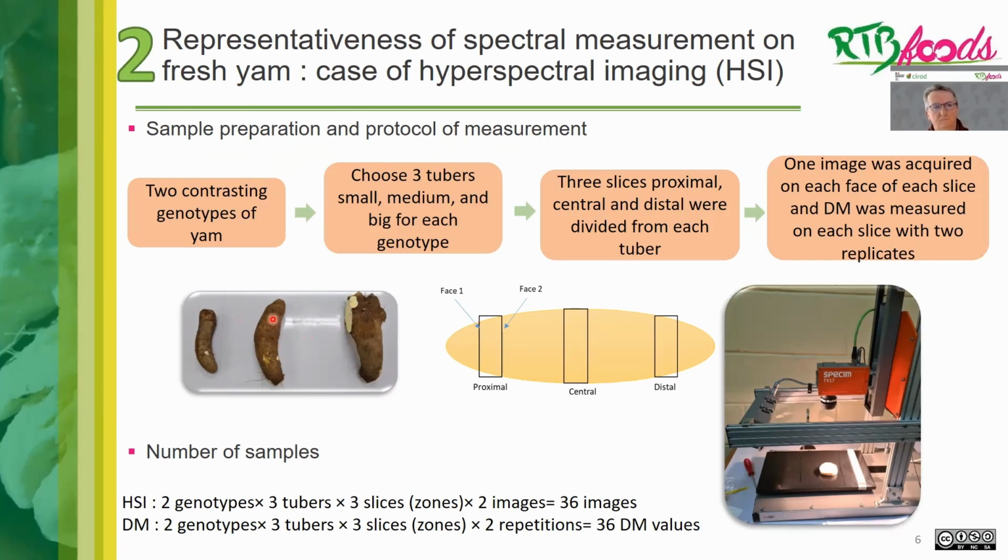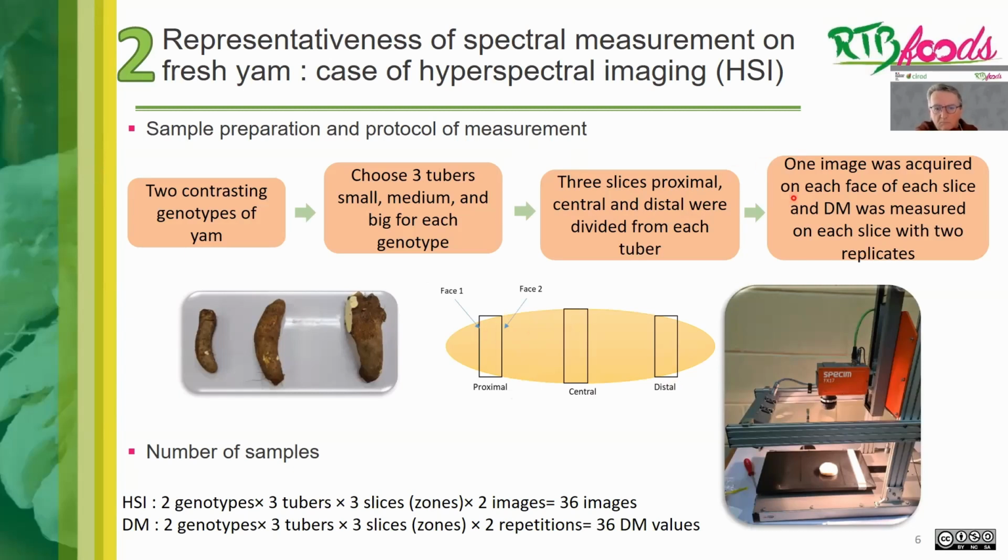So you can see here in this picture, we take 3 sizes of tubers, and then from here we take 3 slices, proximal, central, and distal, divided from each tuber, like here.